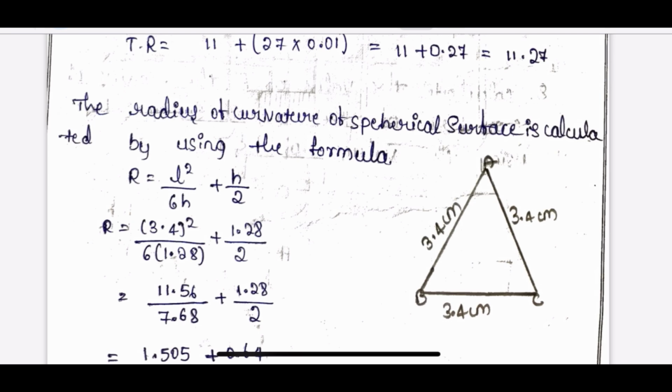You have to mark those points with the help of a scale, and it looks like a triangle. Here a triangle ABC is there, and you have to calculate the length of each side of the triangle, which are almost all the same. Here 3.4 is there, this is also 3.4, this is also 3.4.